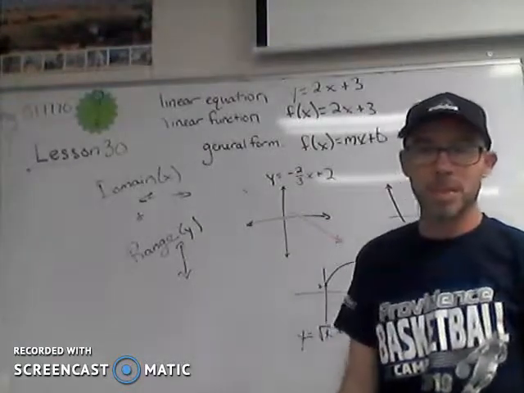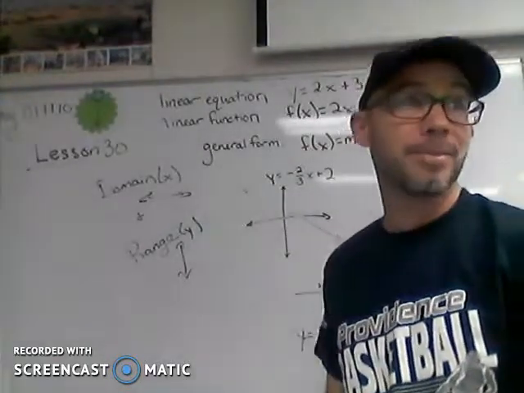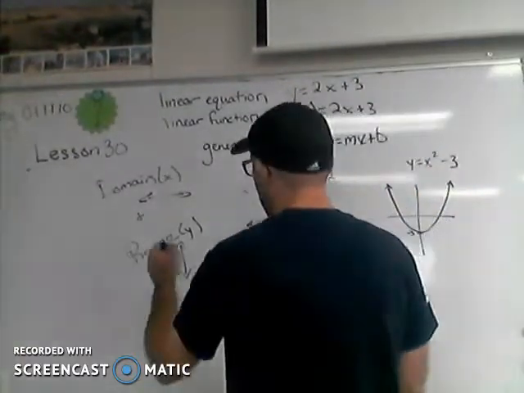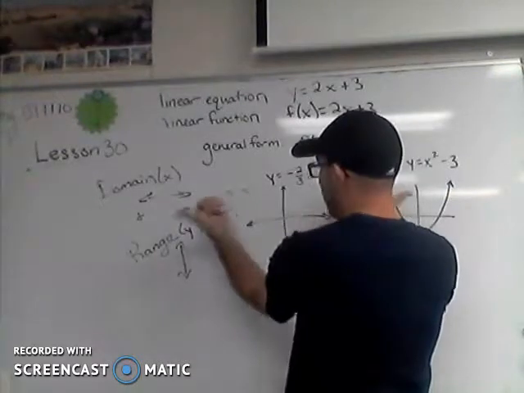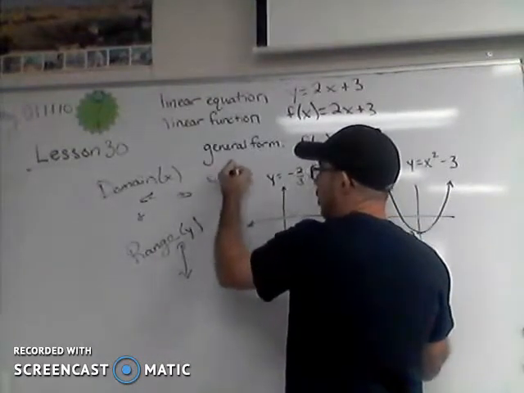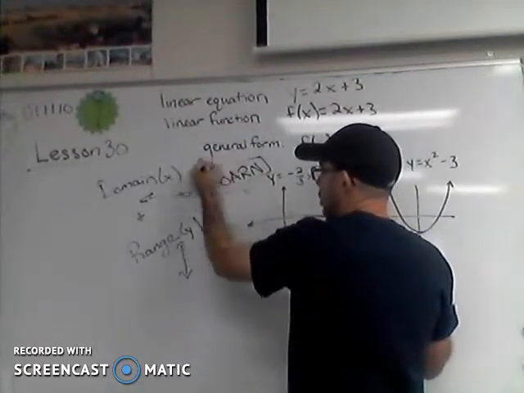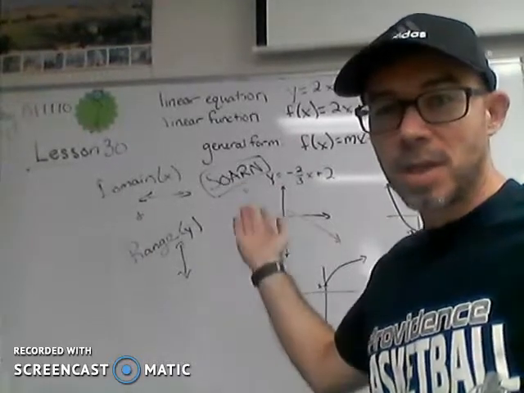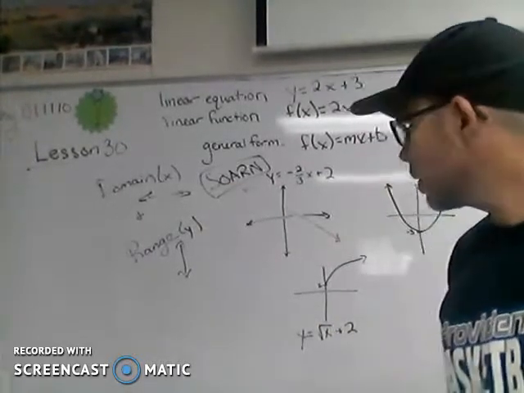That means it just keeps going forever and ever. So we have a little shortcut for that. If it goes both directions forever, we call that ℝ, or the set of all real numbers. That just means everything. You're going to use that a lot.